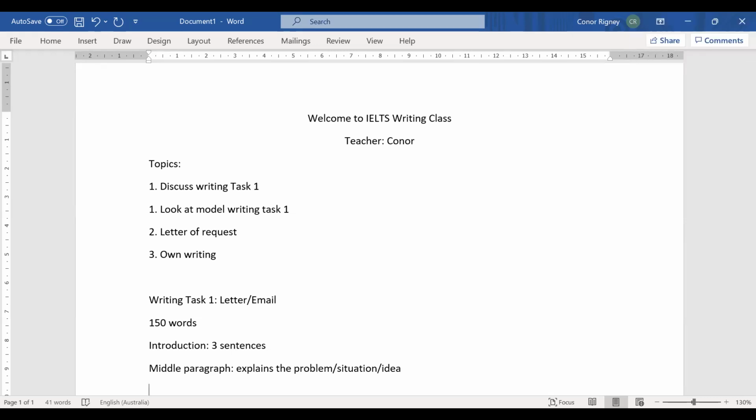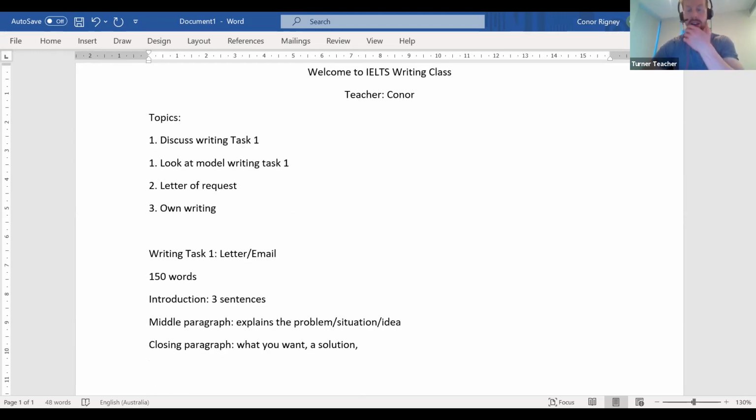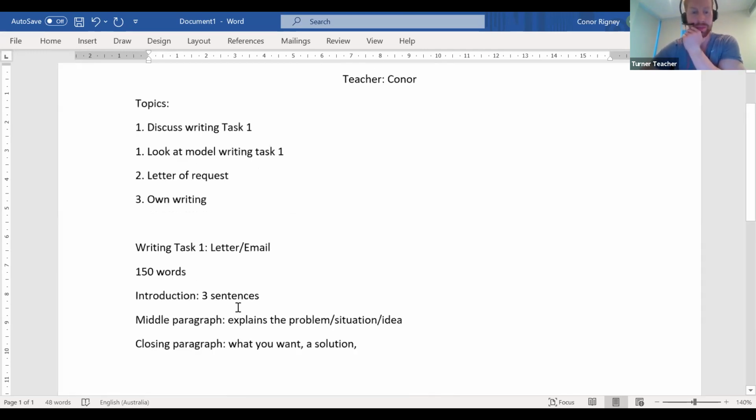And then you will have a closing paragraph, which gives what you want or a solution or something. And then you just basically close. So it's really just 3 paragraphs.